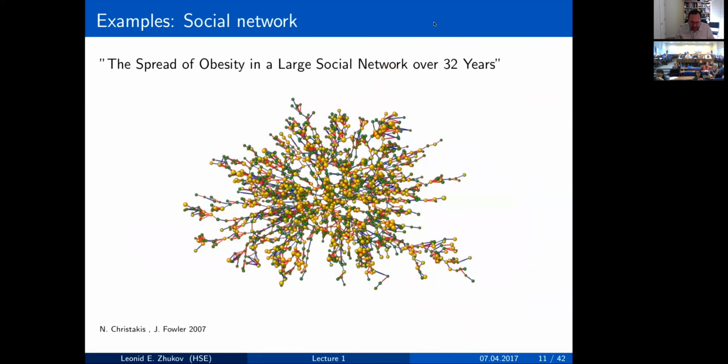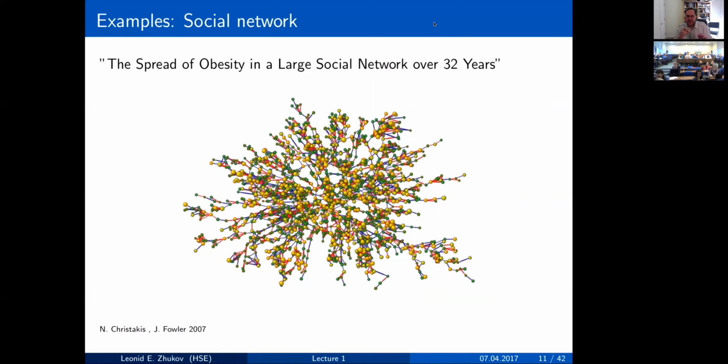This is another cool network that shows the spread of obesity on a large social network. The nodes are people, color-coded: yellow are obese, and green non-obese, and the connections are either family connections or friends.